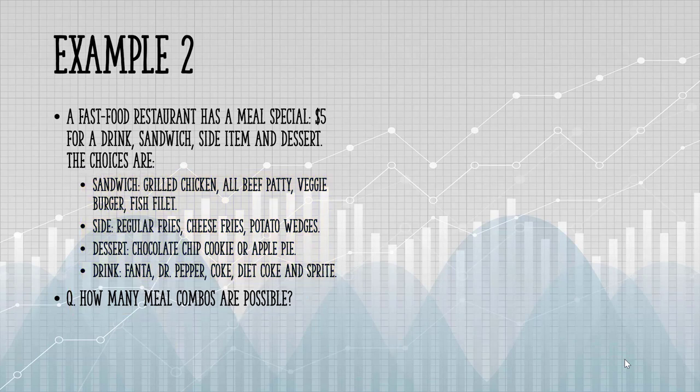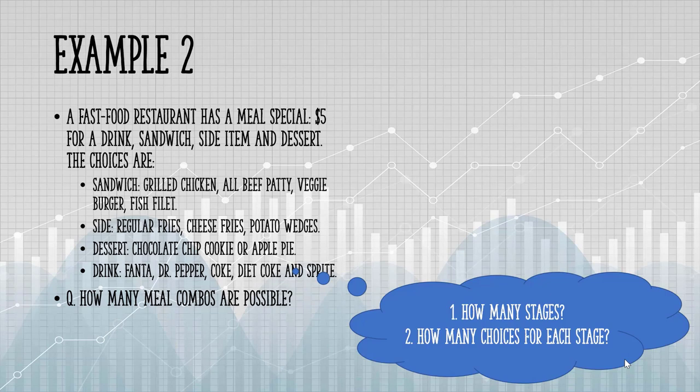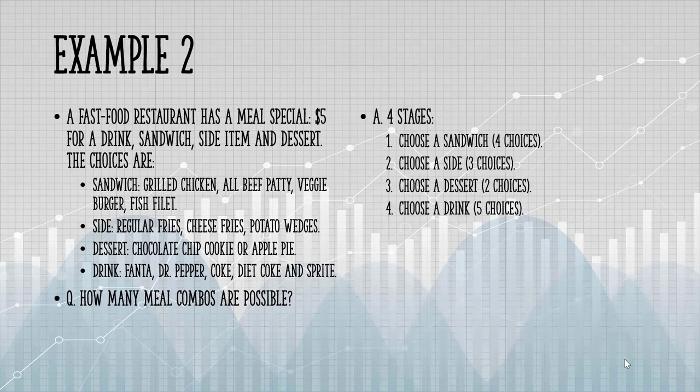So our first question is, how many stages are there? Well, you have to make 4 choices. You have to choose a sandwich, a drink, a dessert, and a side. Those are our 4 stages. The next question we want to know is how many options are in each of those stages. This time we have a different number of options for each stage.